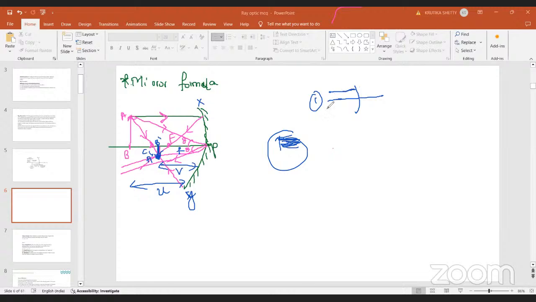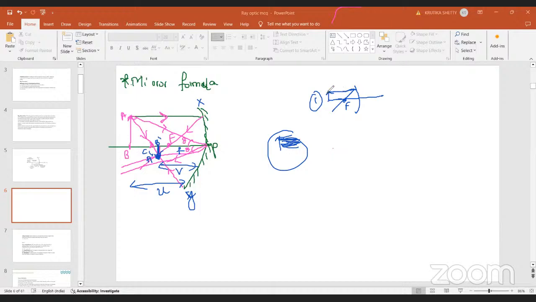First you should observe whether the ray is parallel to the principal axis or not. All rays are not parallel to the principal axis. There are only a few rays which are parallel to the principal axis. The ray which is parallel to the principal axis, after reflection passes through the focus. This is the first law.